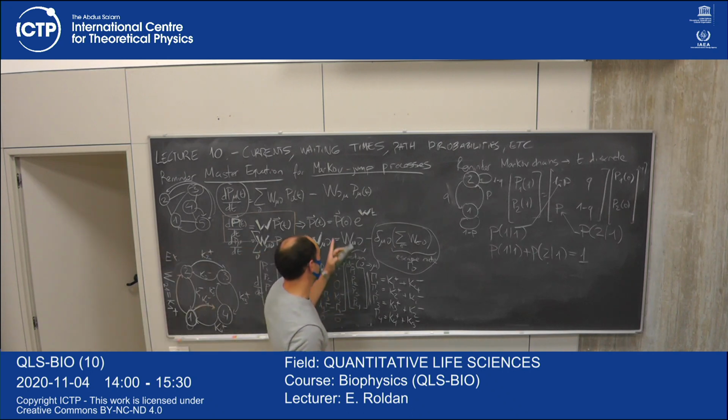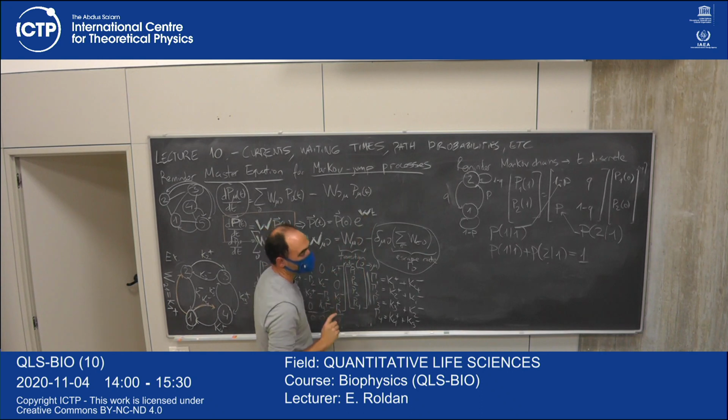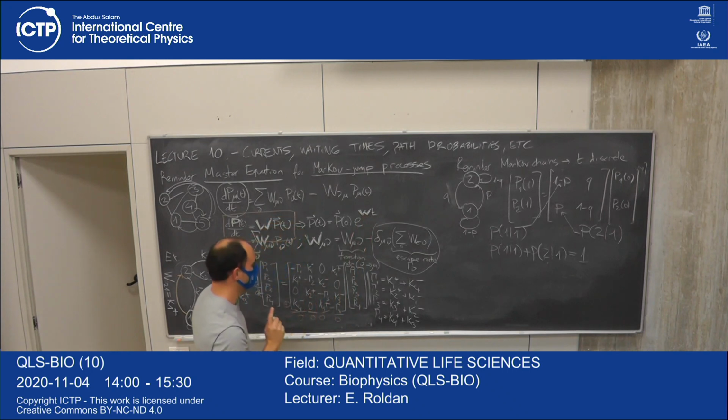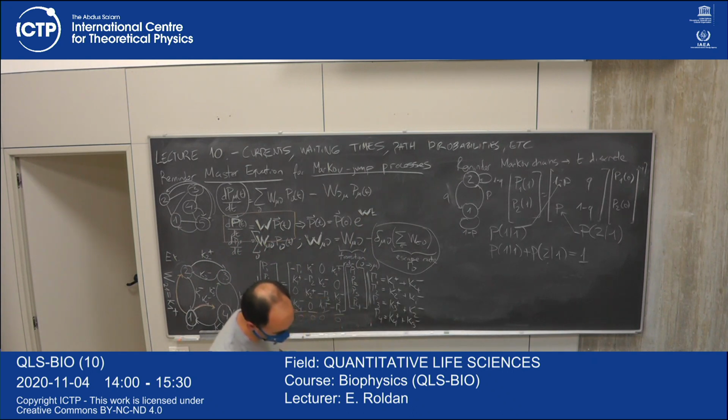In the other case, we have a similar equation, but W had units of probability because t has no dimensions. In the case of the Markov chain, t is 1, 2, 3, 4. Here, t has dimensions of time. So W is a matrix that has as units rates.